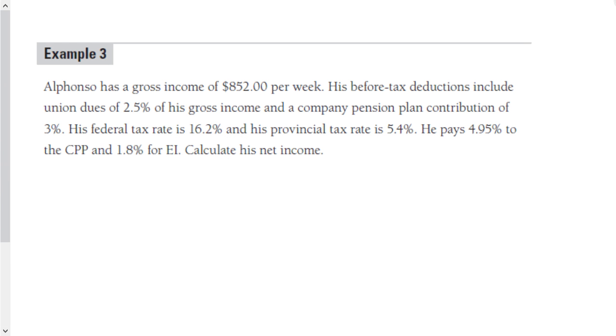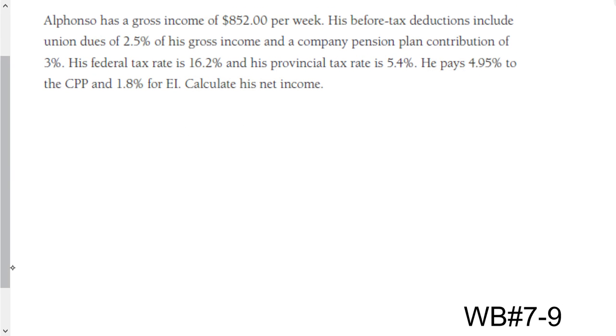Okay, example 3, Alfonso has a gross income of $852 per week. His before-tax deductions include union dues of 2.5% of his gross income, a company pension plan contribution of 3%. His federal tax is 16.2%, and his provincial tax is 5.4%. He pays 4.95% to the CPP and 1.8% for EI. Calculate his net income.